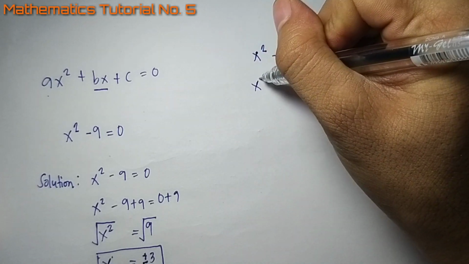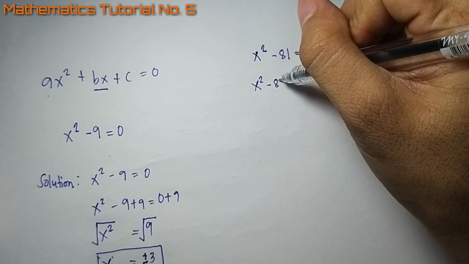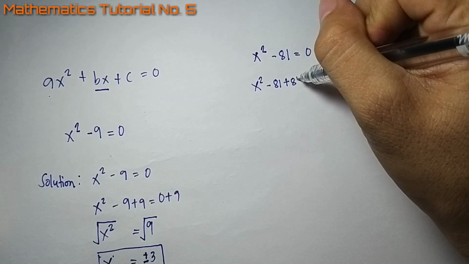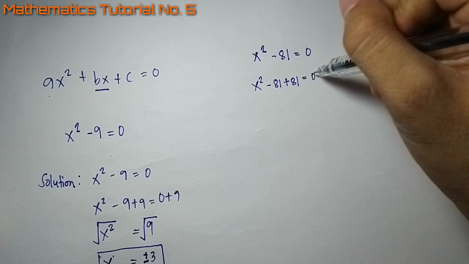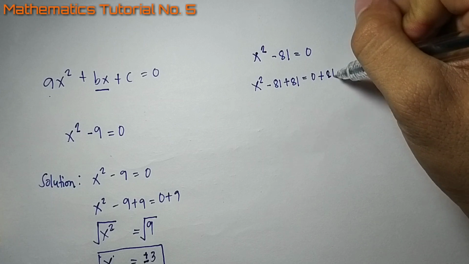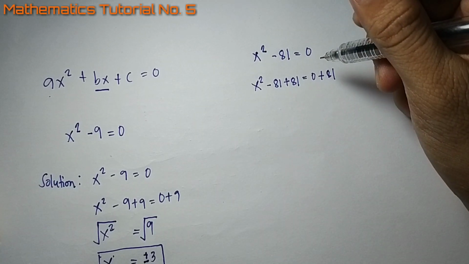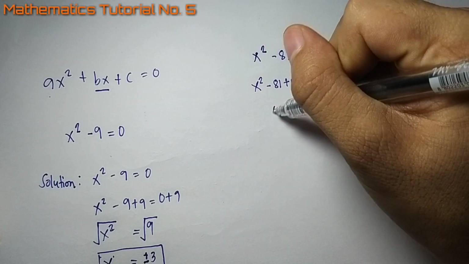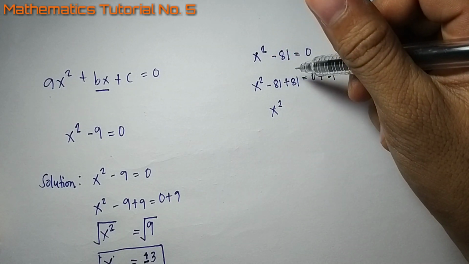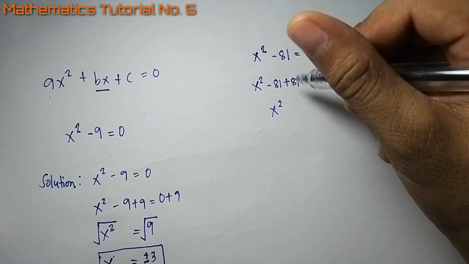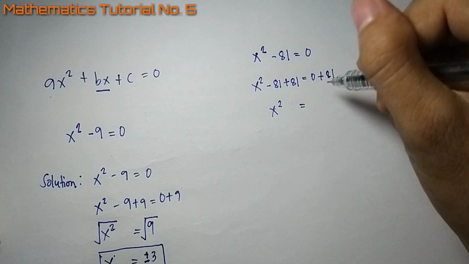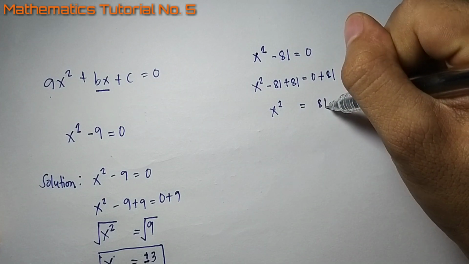So we have x squared minus 81. Ang inverse sa negative 81 kay positive 81. Unya, both sides ta mag-add. So nag-add man ta diri positive 81, mag-add pud ta diri sa pikas og positive 81. So karon we have x squared. Negative 81 plus 81, that is 0. So ang nabilin kay x squared equals 0 plus 81, that is 81.